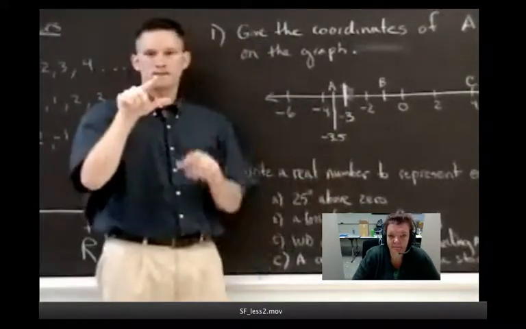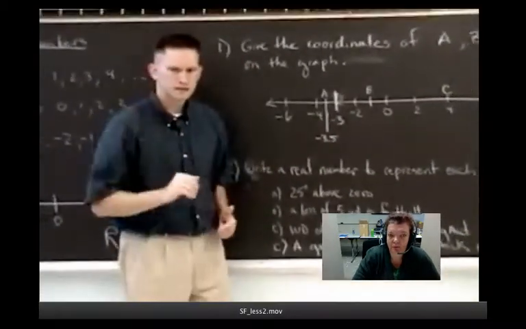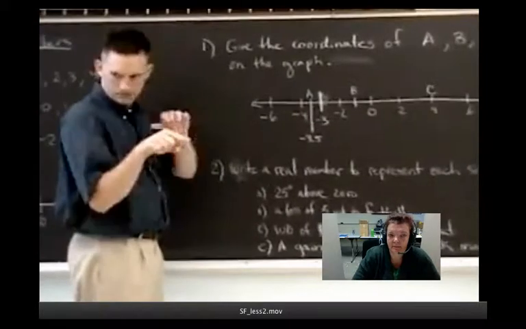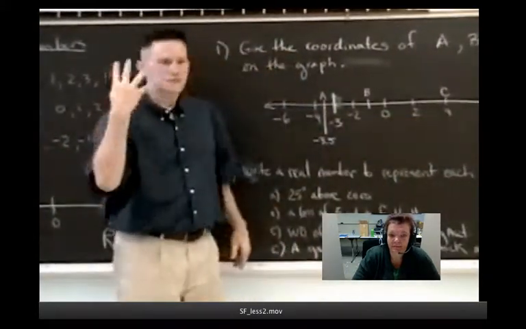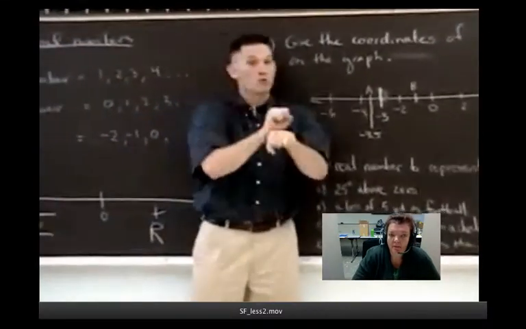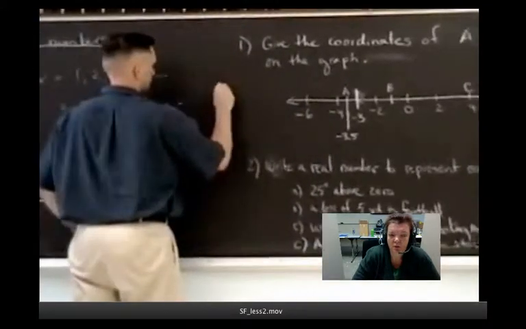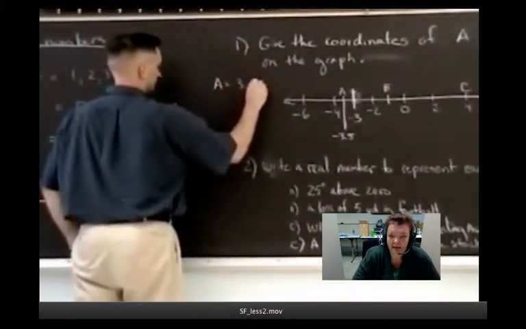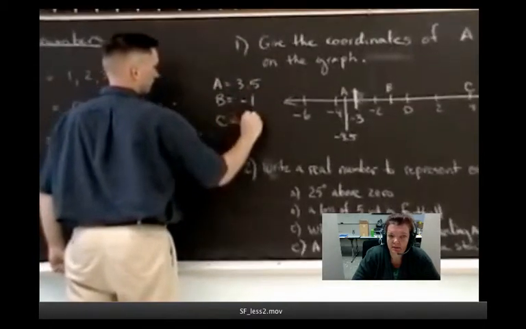How about B? Where is B? -1, right. And C? 4. So when you do your homework, remember when you write it down, this is what it's going to look like.